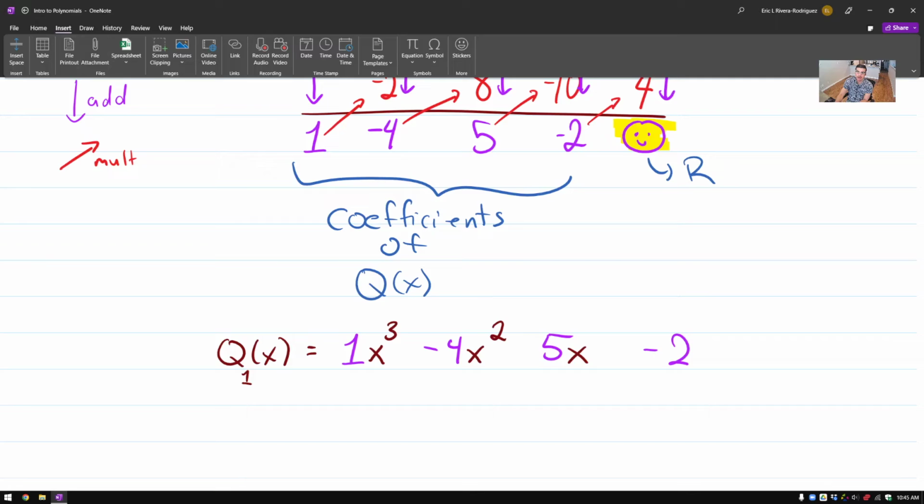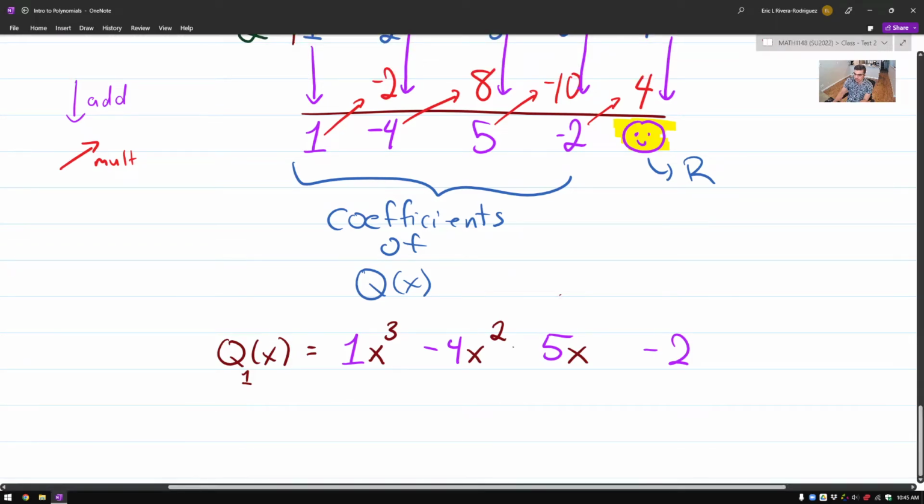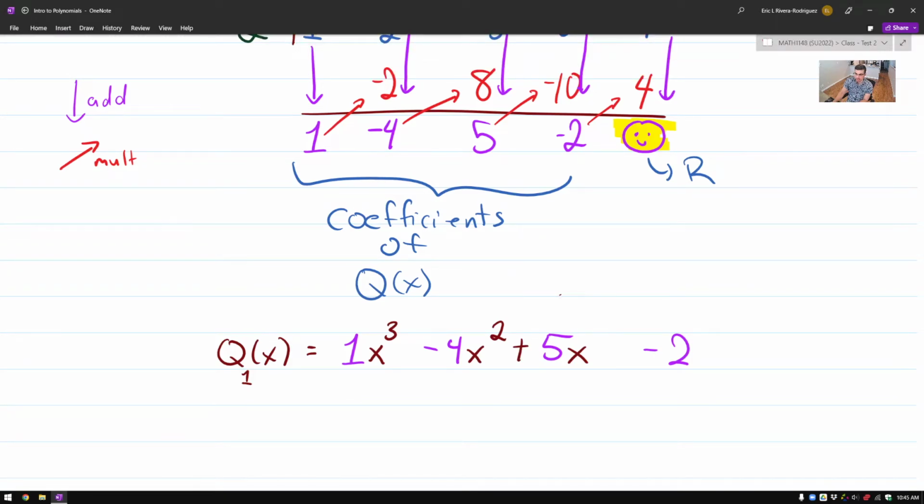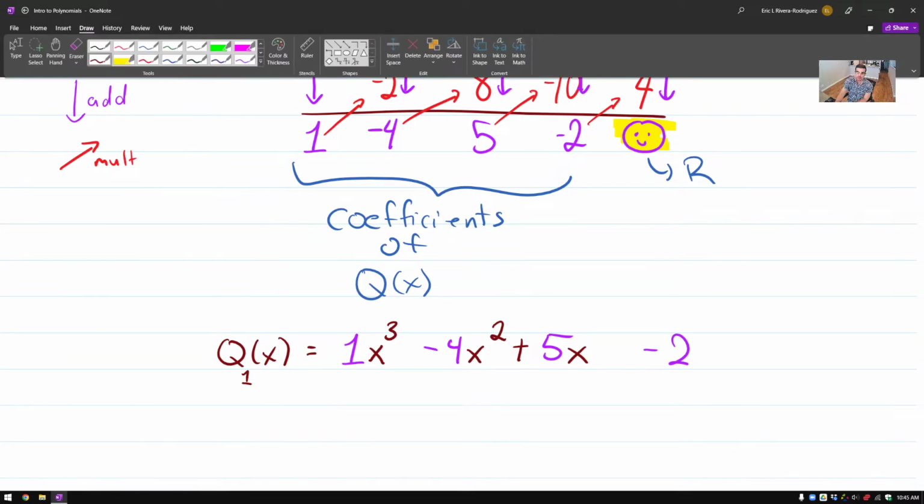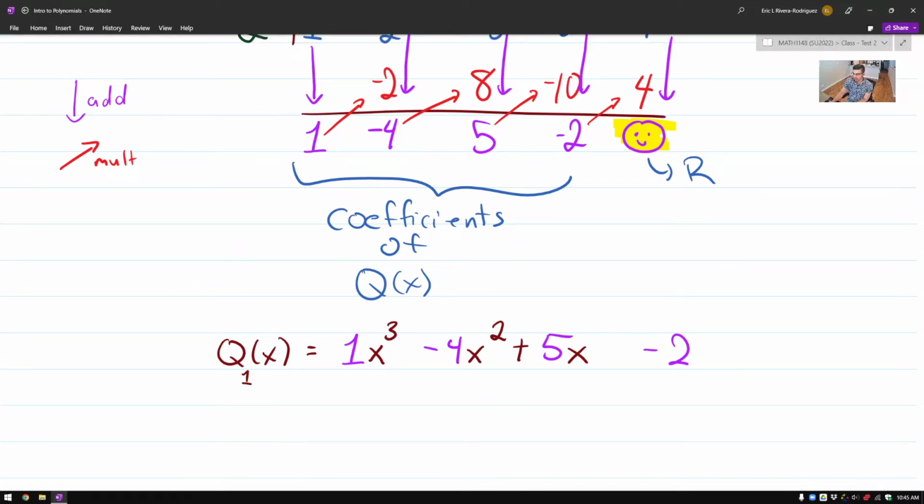If we have positive values like this 5, we need to add the addition operation. And because we carry over the negative sign from the coefficient, that negative sign will also be the subtraction operation. So we don't need to put a minus 4, because we carry over the negative sign there. So from here, look what we got.